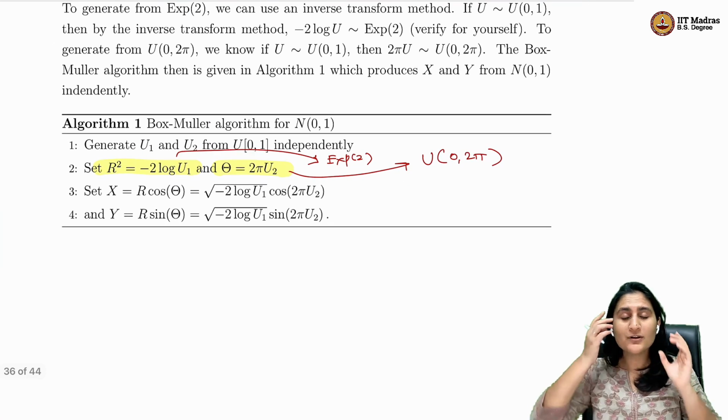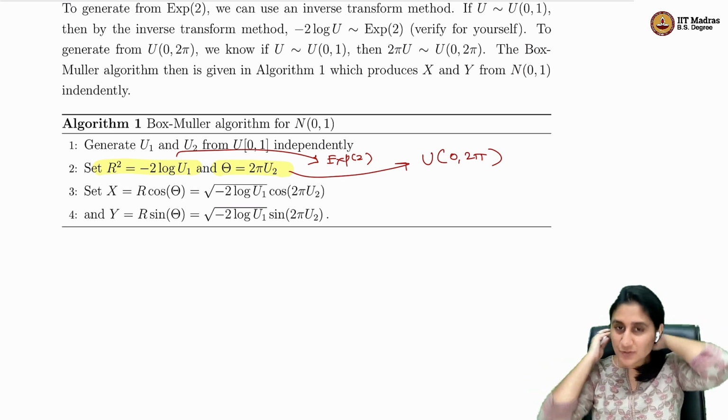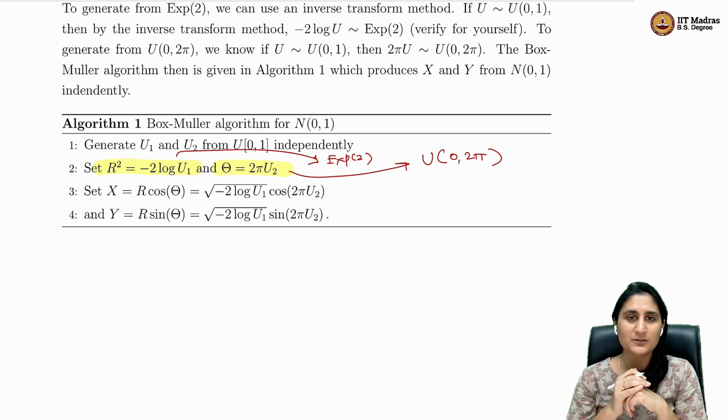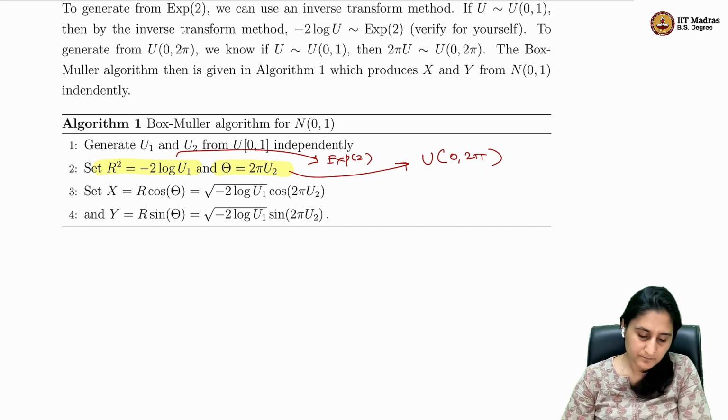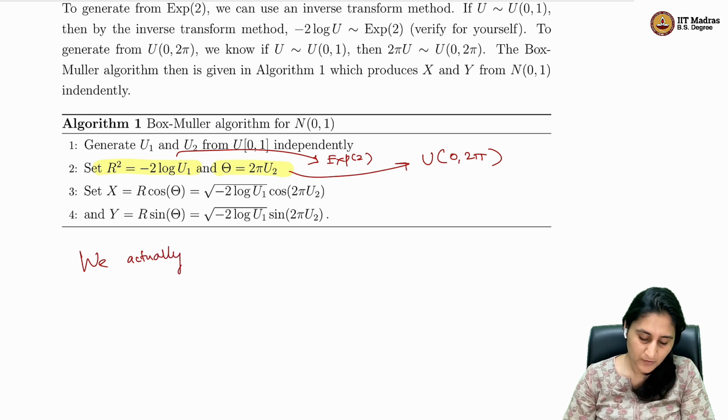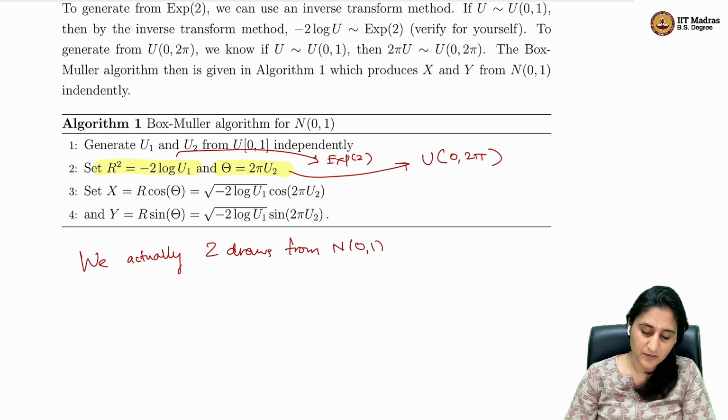Now what you have to note is that you actually get two draws from normal 0, 1 using this method, right?